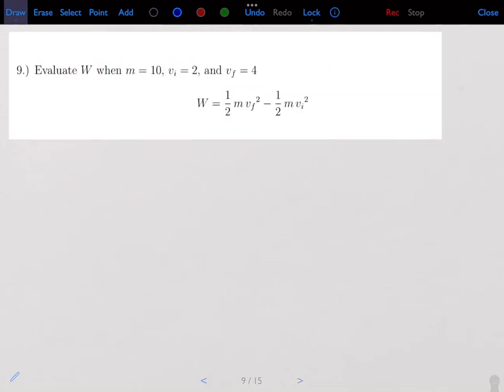Okay, evaluate W when M is 10, V initial is 2, and V final is 4. All right, so this is kind of like what we did earlier. We're just plugging in and being careful when we evaluate this. So we're given those particular values, we can just substitute them in.